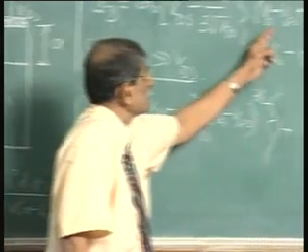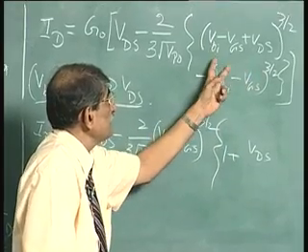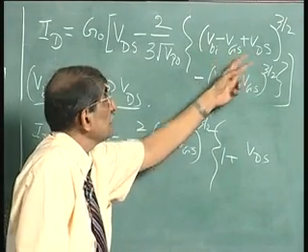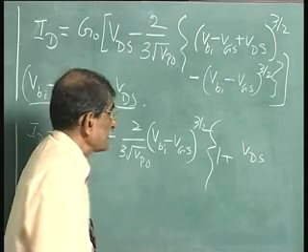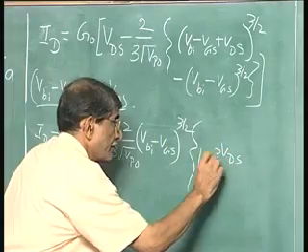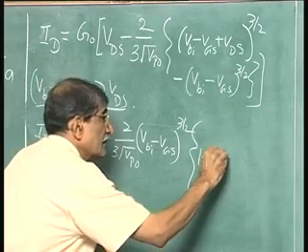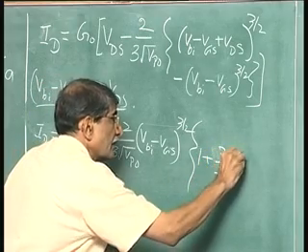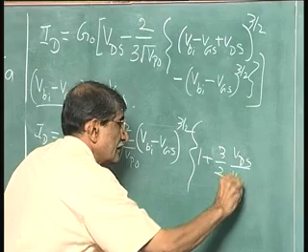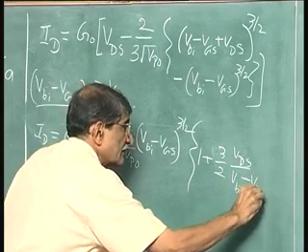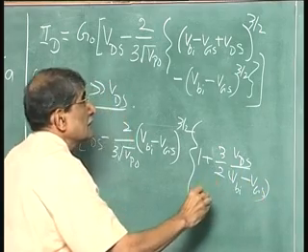So, 1 plus n x, that is 1 plus 3 by 2 into V_ds by (V_bi minus V_gs). So, I will write it using binomial expansion as 1 plus 3 by 2 V_ds divided by (V_bi minus V_gs). Correct?